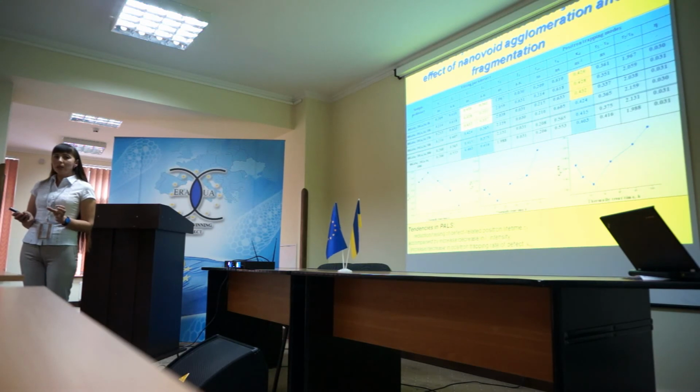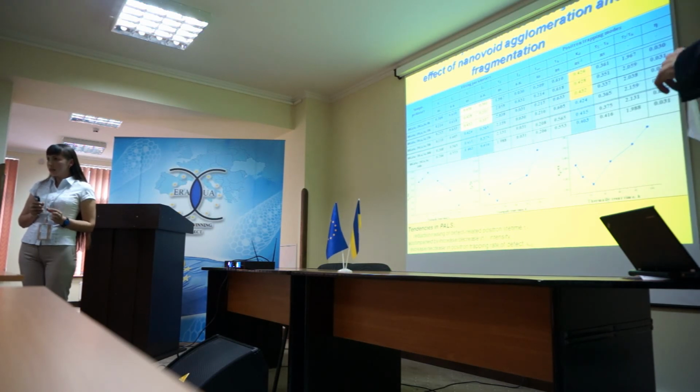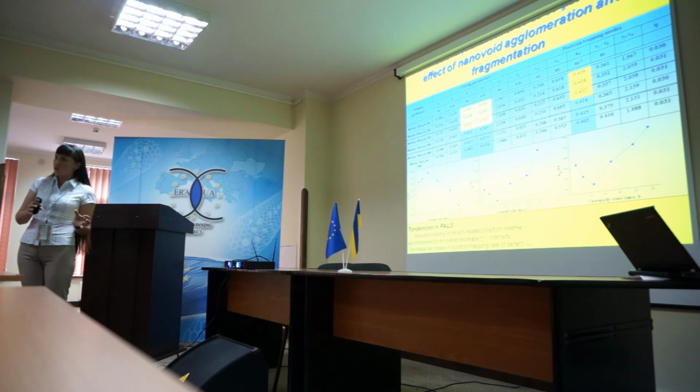But as you know, these methods can give information about pores or voids from 2, I think, to 100,000 nanometers. Yes. In this case, we obtain information about nanovoids from 0.1 to 5 nanometers. It's an additional instrument to obtain full information about different processes at the nanoscale level in materials.